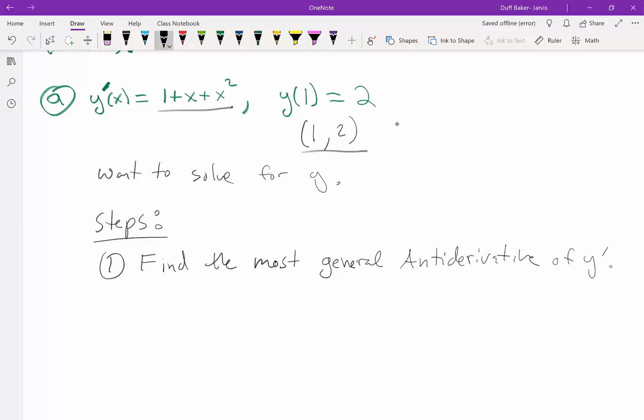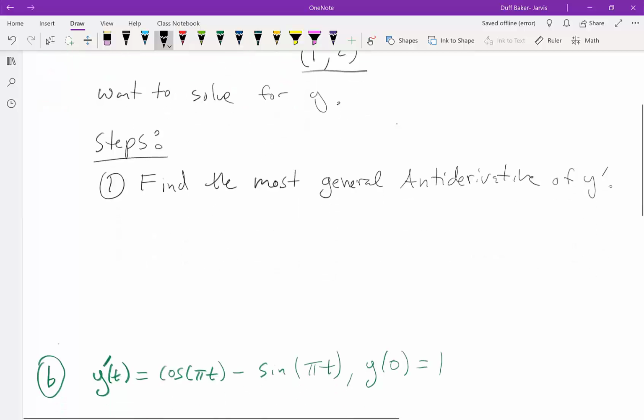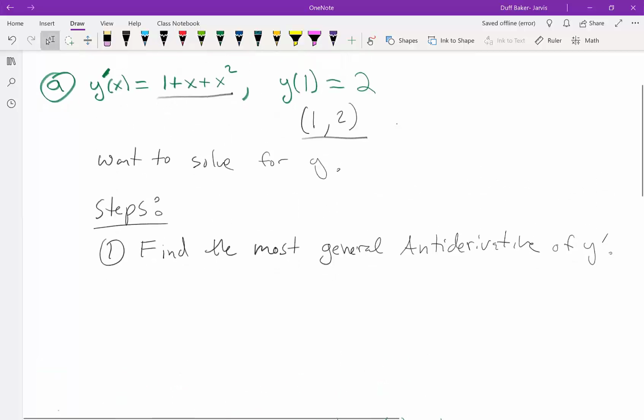So we want to figure out which function has as its derivative 1 plus x squared. And here, the antiderivative of 1, well, what has derivative 1? That would just be x. So y will be x.